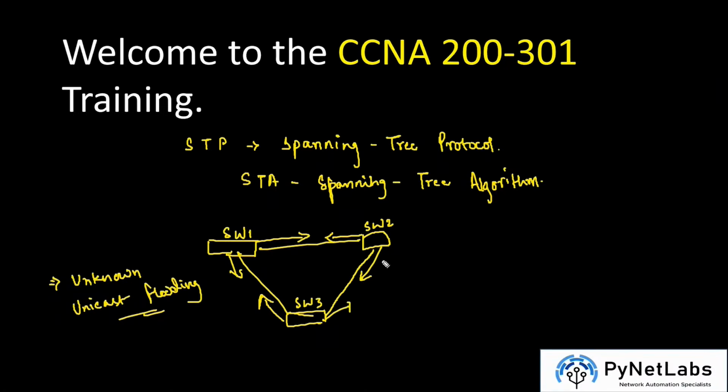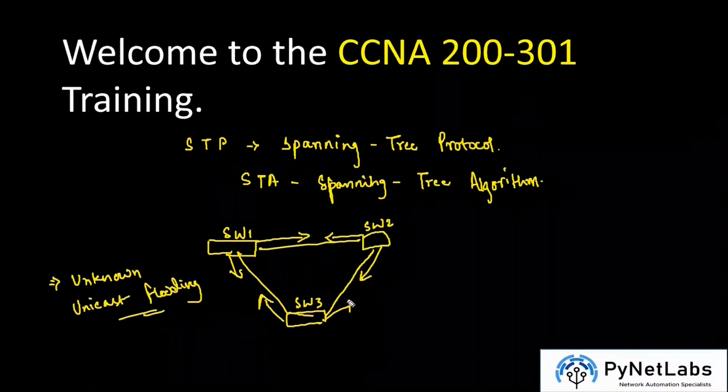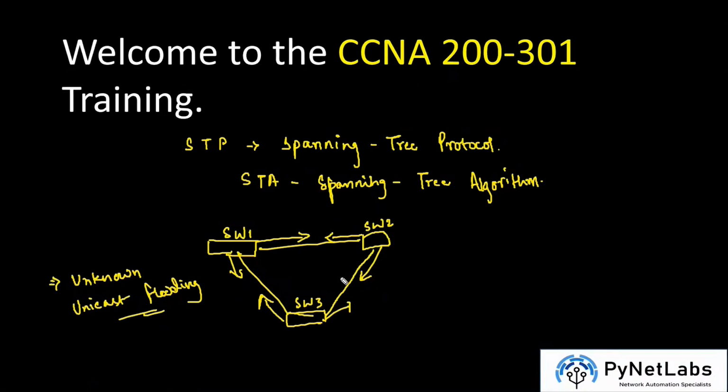Now to avoid this loop, we use Spanning Tree Protocol. What happens when we use Spanning Tree Protocol is that one of the links gets blocked. So let's say this link between switch 2 and switch 3 gets down, and after that switch 1 will be able to reach switch 2 over this link, and switch 3 over this link, right?